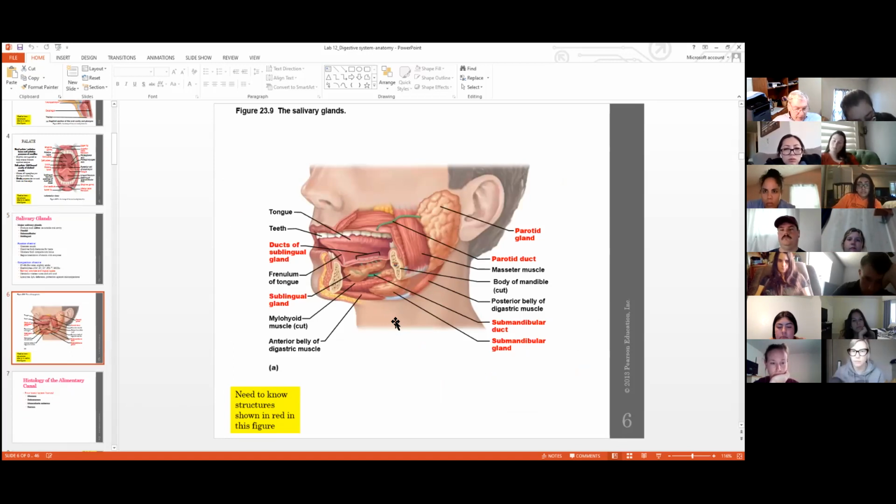This is number 6. These are fairly easy to remember because they're all located by a place that's something you already know, or I think you still would have it from AP1. Lingual and mandible, and then the parotid area.